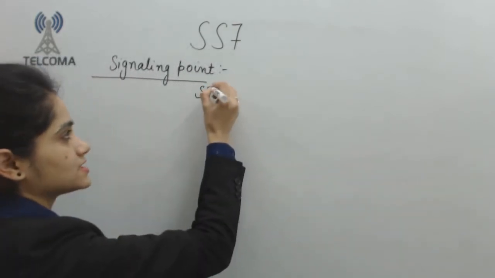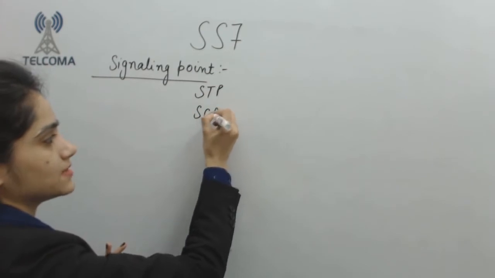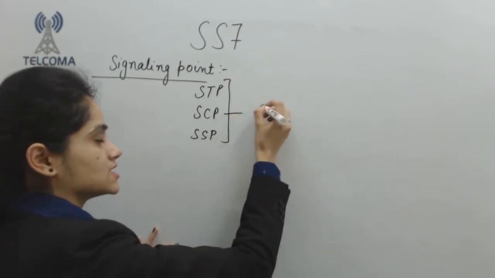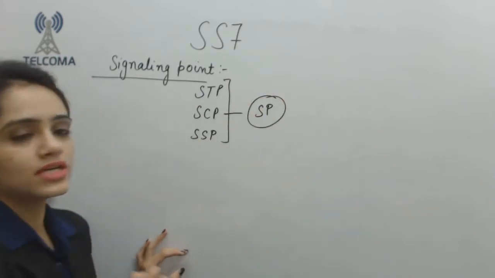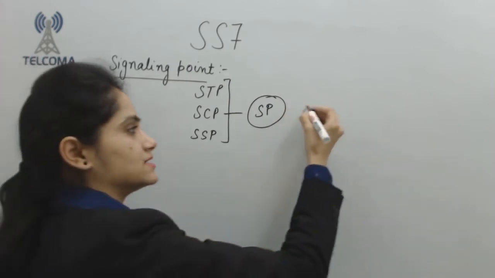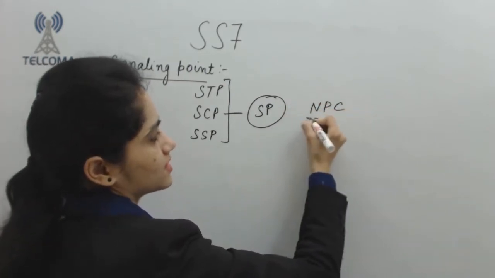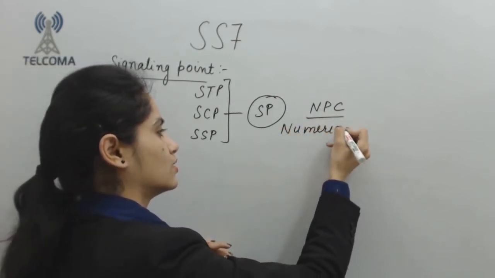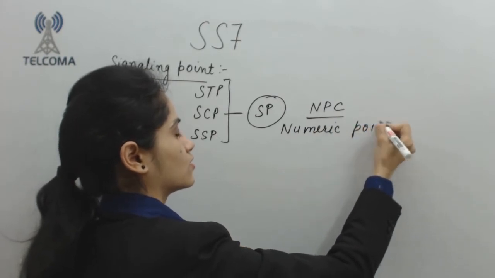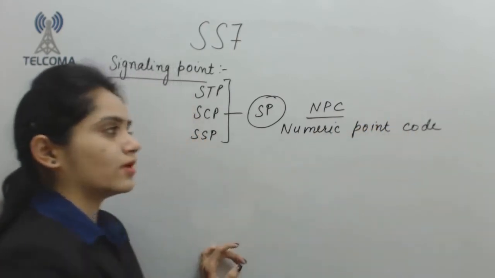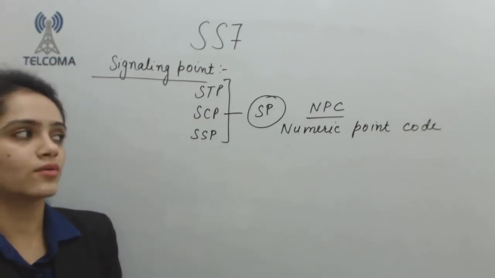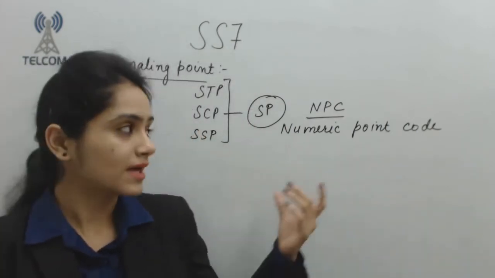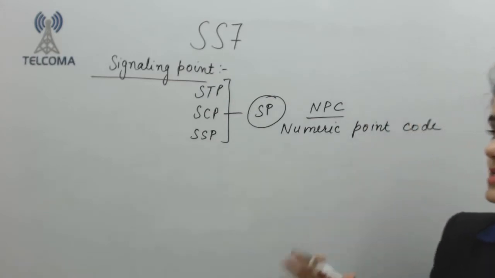So I have STP as a signaling point, we have SCP, and we have a number of SSPs. Each one is identified by its NPC, where NPC stands for numeric point code. So for each and every signaling point, we require a point code for an entity, and that is a numeric point code.